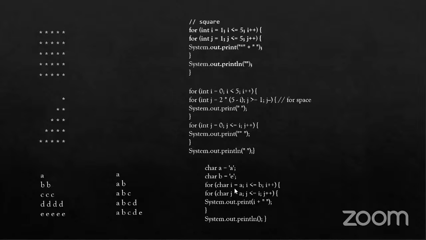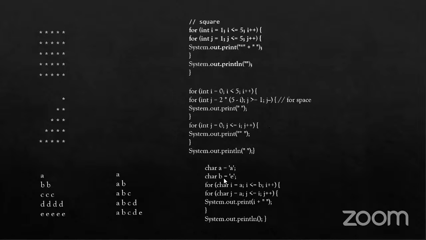And the next thing is basically what we used for the star pattern, number of rows and number of columns. Here we need to note that we are not incrementing integer values.